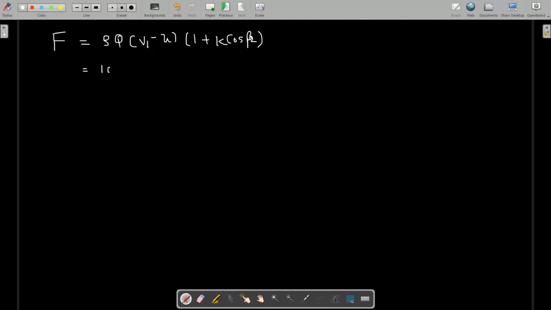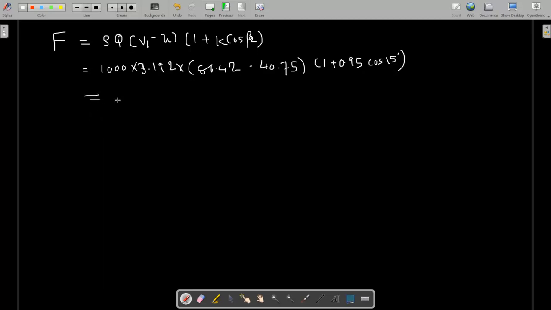So density is 1000, Q we have already found, total discharge 3.192, multiplied by V1, 86.82, minus 40.75, into 1 plus k, which is 0.95, cos beta 2, the outlet blade angle 15 degree.